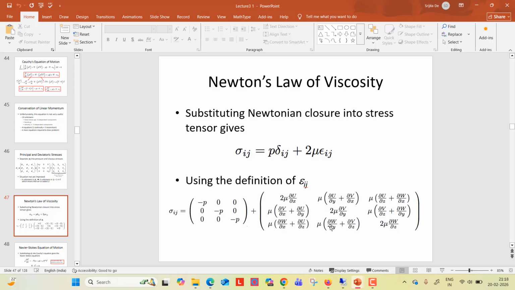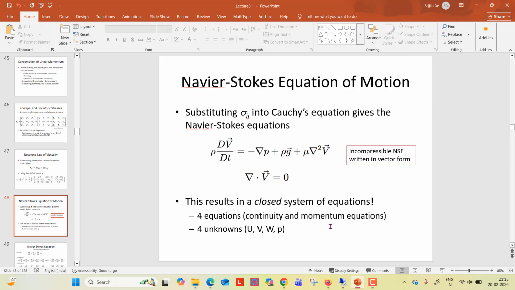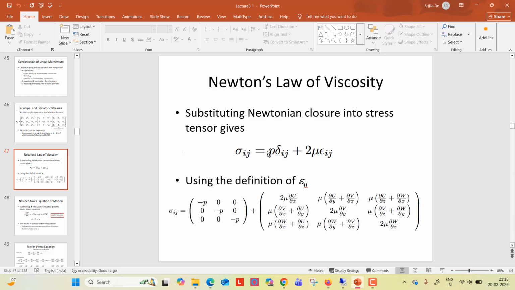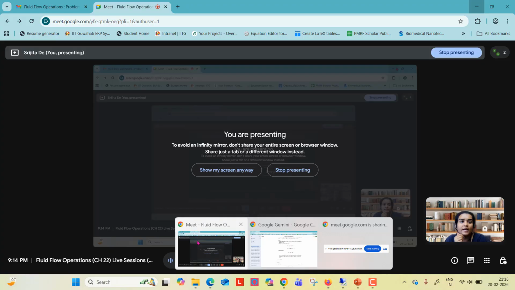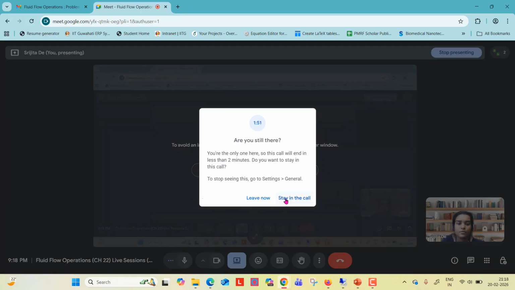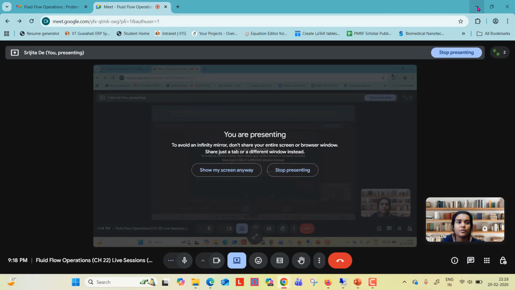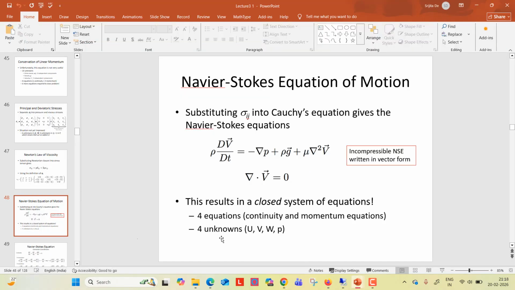So this is the final Navier-Stokes equations, and now you can see there are 4 equations. As you have expressed all these stress terms clearly, now you have 4 unknowns, which I have already discussed: the dependent variables, the 3 velocity components u, v, w, and p, the pressure.